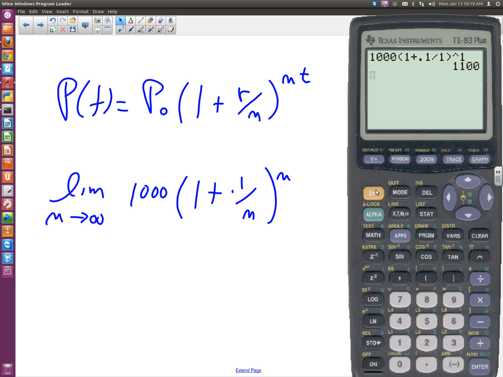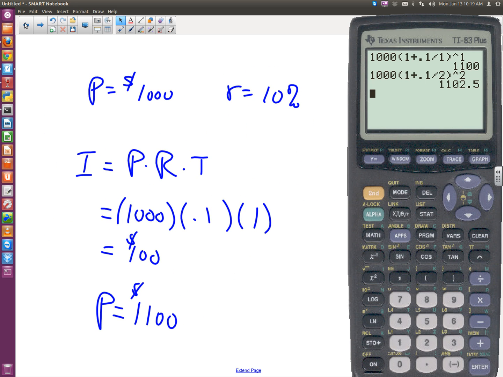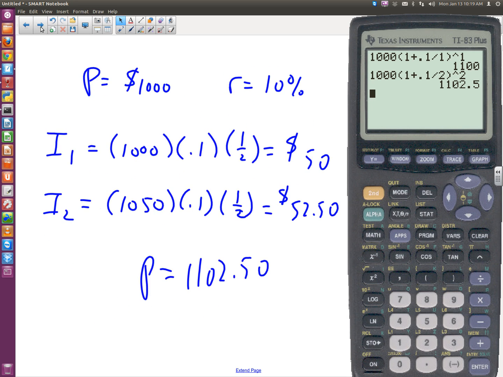All right. What if I double that? What if I do it twice a year? Didn't we get that? We did that by hand. $1,102.50. We did that, right? Remember, we started with 1,100, 1 time a year. Then twice a year, we got $1,102.50. That's shorthand for the same thing. Okay.